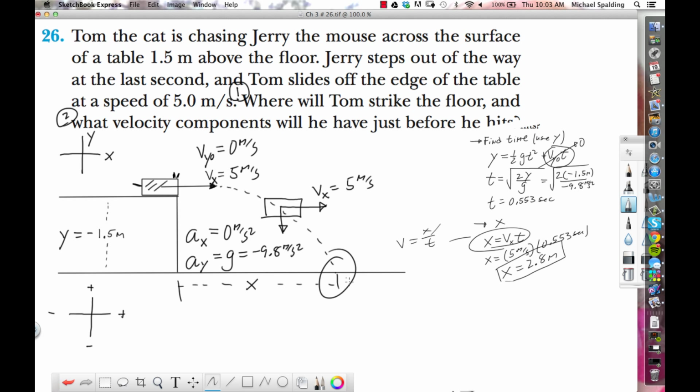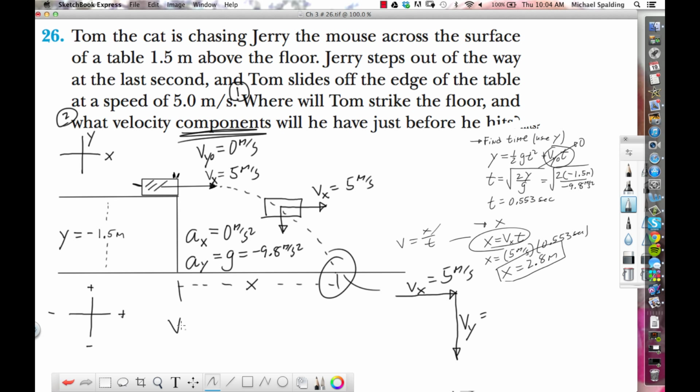When Tom hits the ground, he's going to have an x velocity, right? Is he also going to have a y velocity? Yes. This problem is asking for the components, which they mean vx and vy. What's vx? 5. That's one of the components. What's the other component? Vy, which we have to solve for.